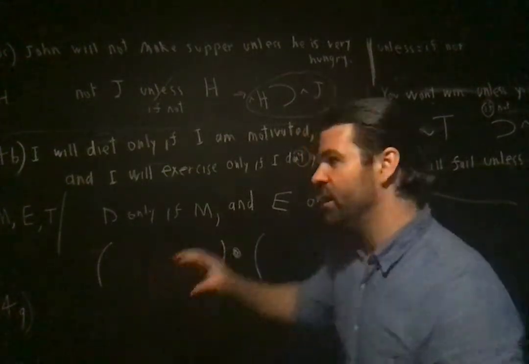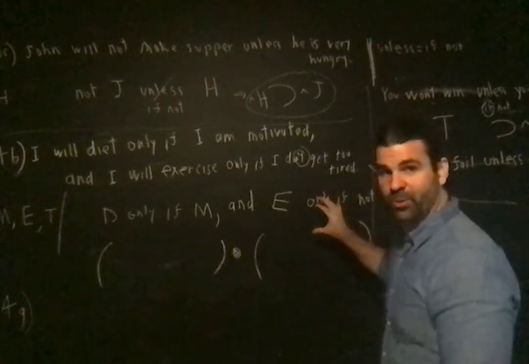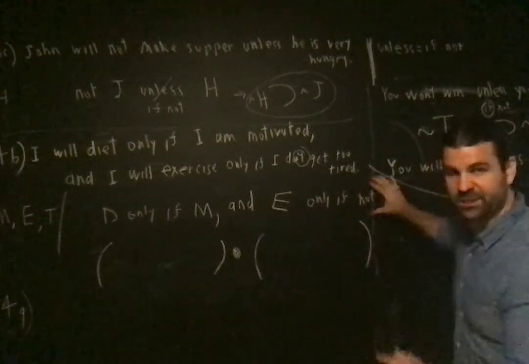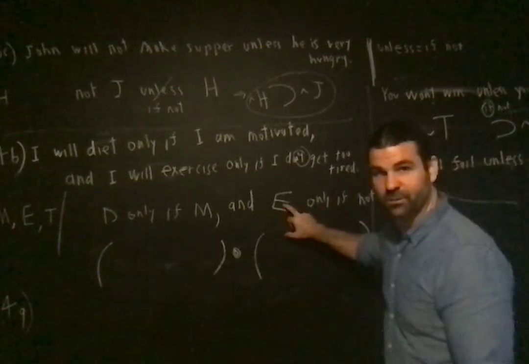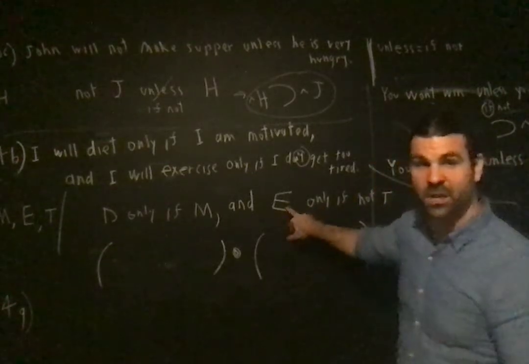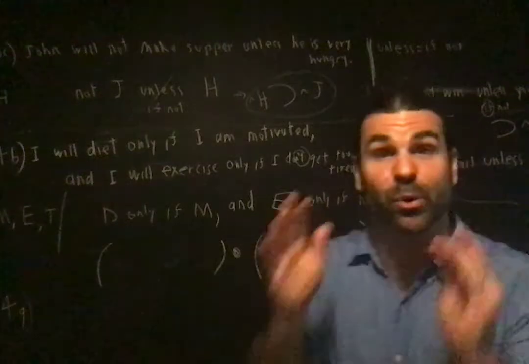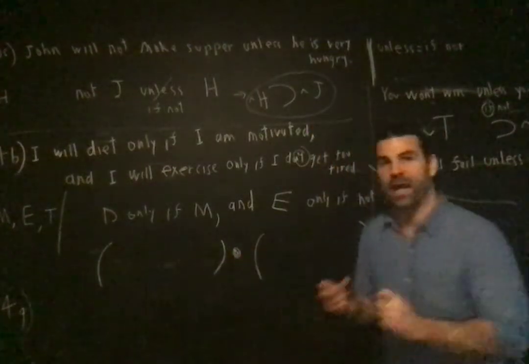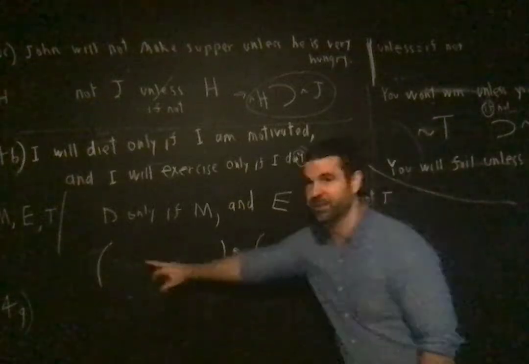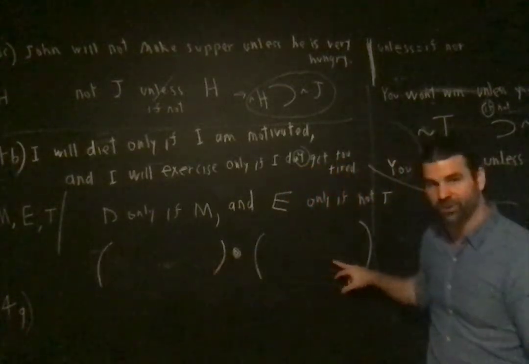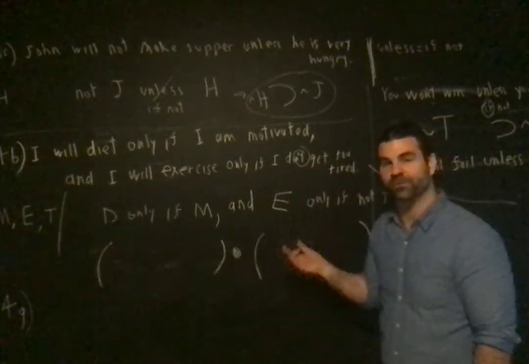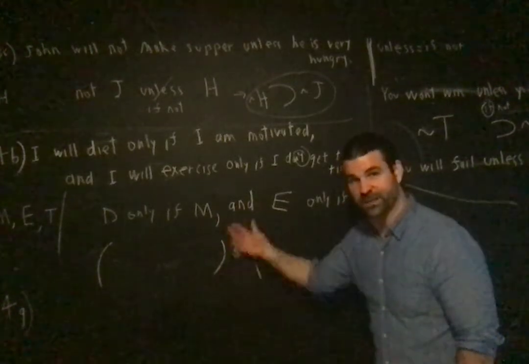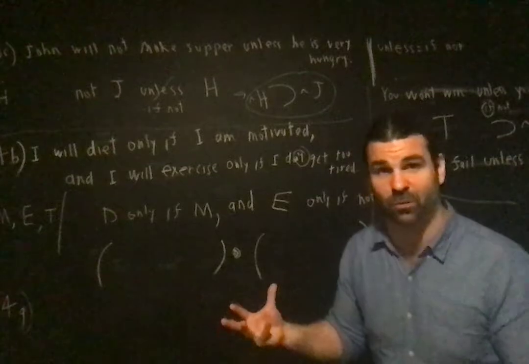After replacing the simple sentences with letters, identifying the major operator and putting it in place is crucial, because you have to have your overall form. A bunch of stuff is going to go here and a bunch of stuff here. You have to have your overall form express the major operator of the actual sentence.